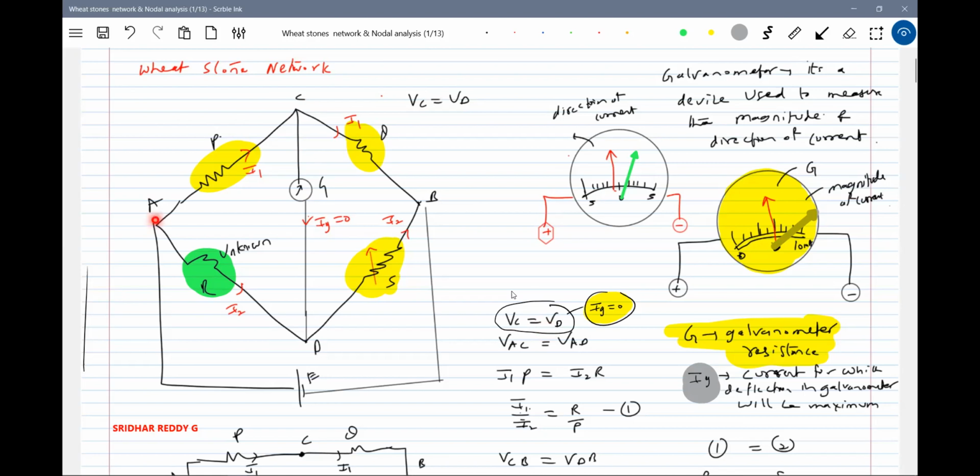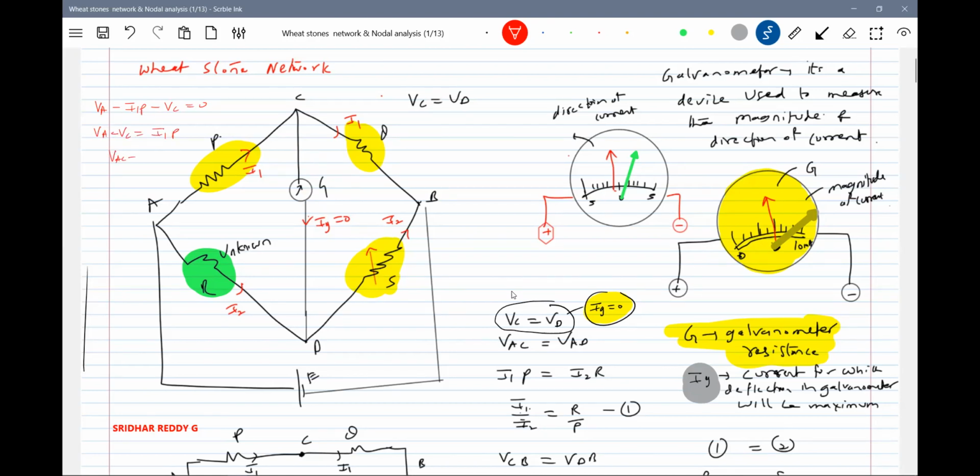Then can we write VAC is equal to VAD, because A is a common point? What is VAC? Applying the loop equation, VA minus I1P minus VC equals 0. So what is VA minus VC? It equals I1P.